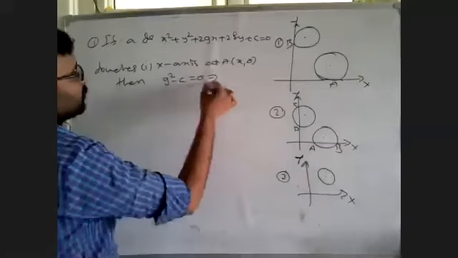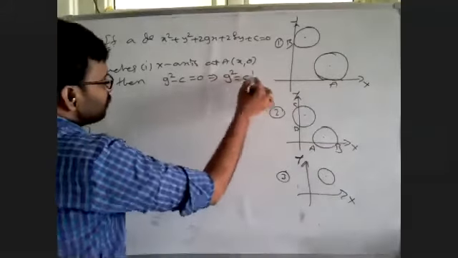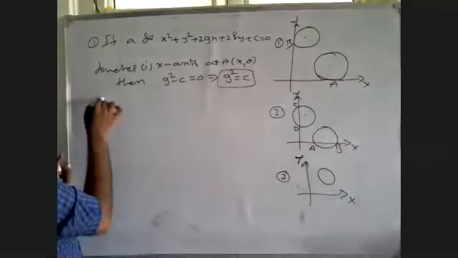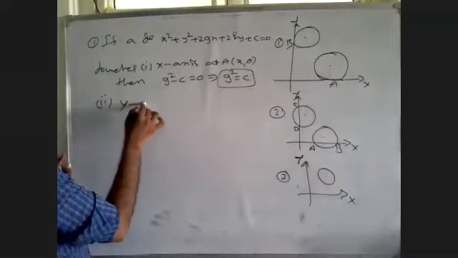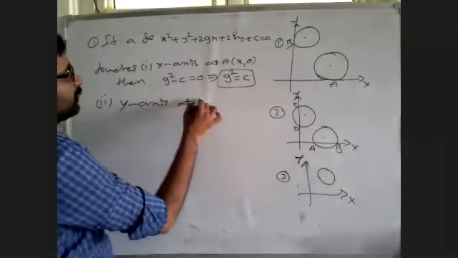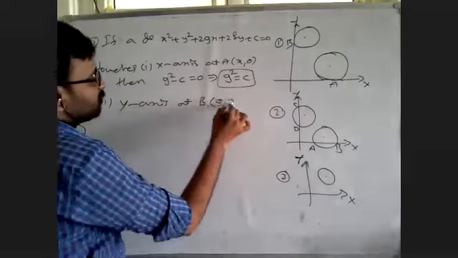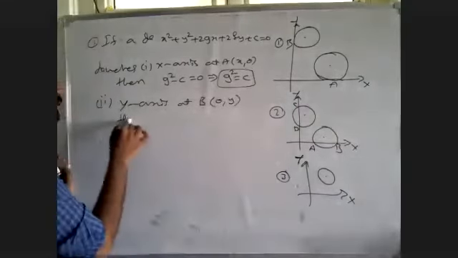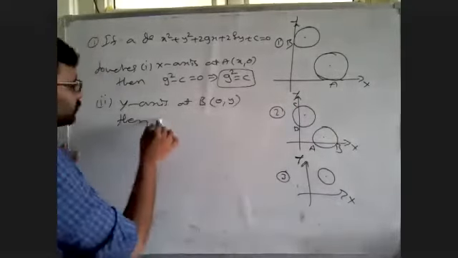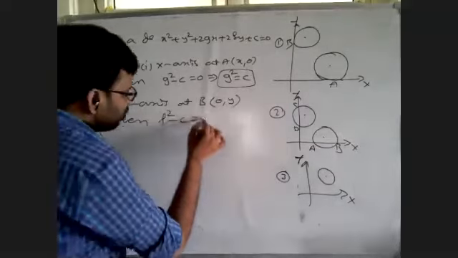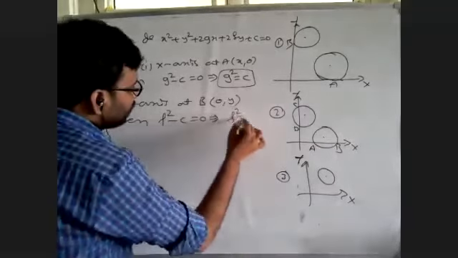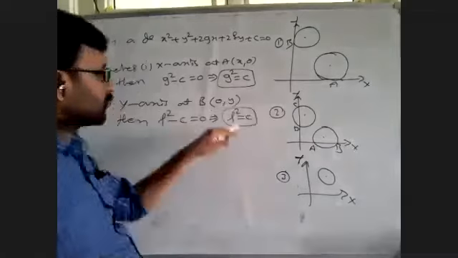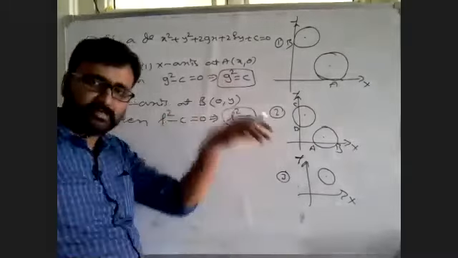That implies g square is equal to c. Remember this. Second case, touching y-axis at b, that is 0 comma y. Then the condition is f square minus c equal to 0, or we can write f square equal to c. Both are the same, taking c to this side.